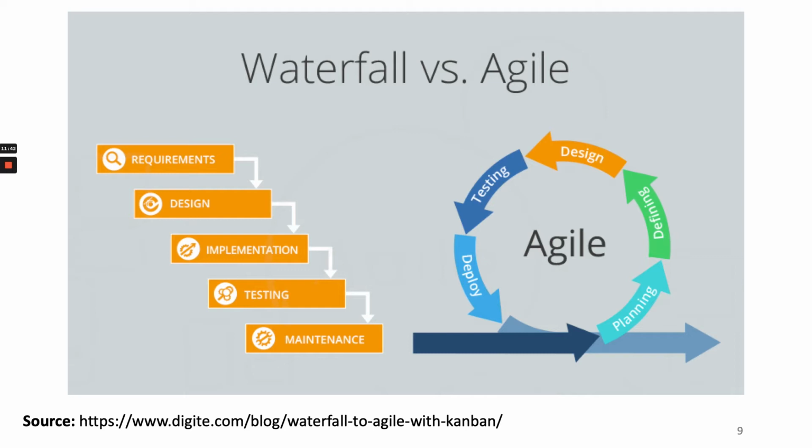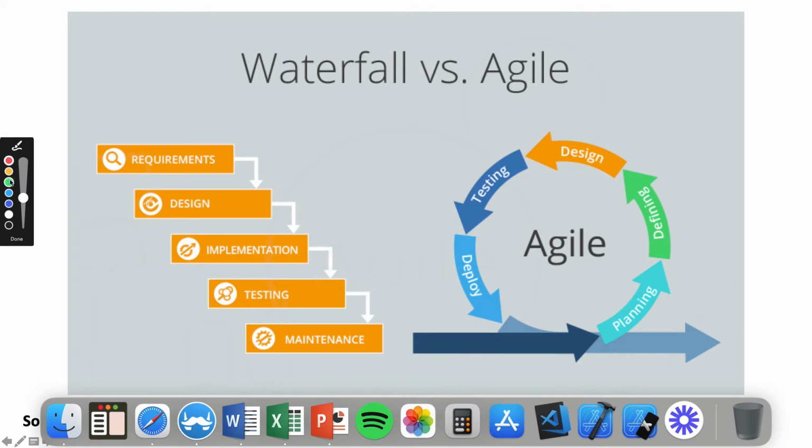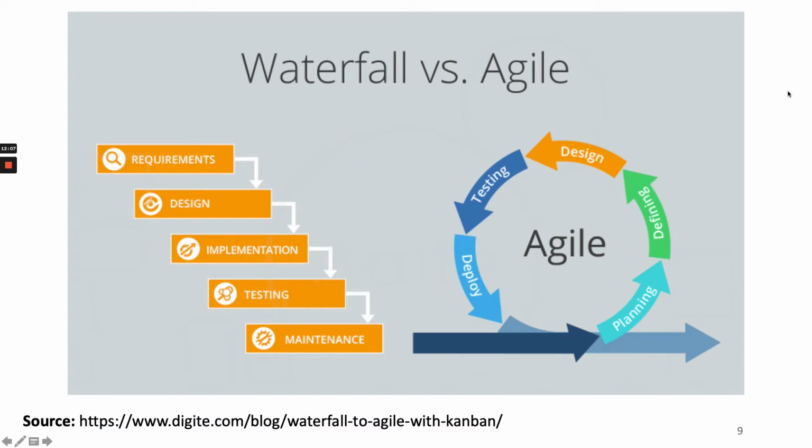The problem is, when you find some crucial problem, I'll show it to you in this red circle. If you find a problem here in the testing phase, it's very hard to go back and change the design. So waterfall is suitable for some types of products or ideas.